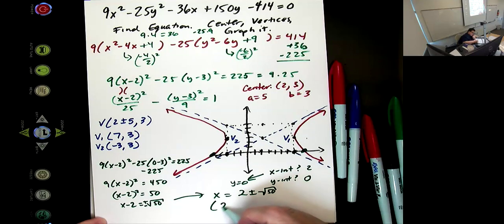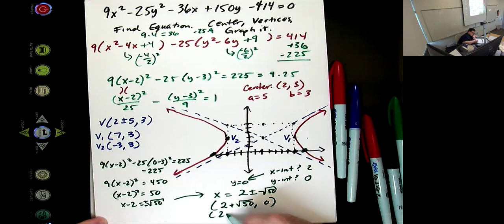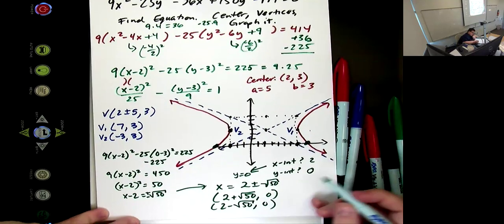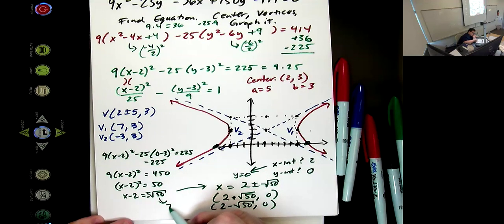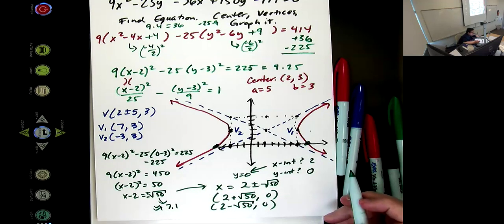So 2 plus root 50, comma 0, and 2 minus root 50, comma 0. The square root of 50 is approximately 7.1, might be closer to 7.2. I'm winging it. 49 is 7, and it's a little higher than that, so a little higher than 7.